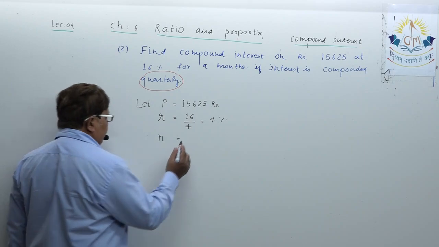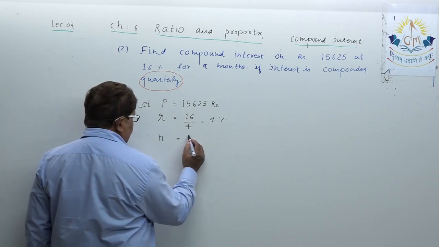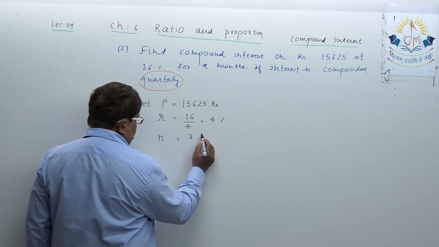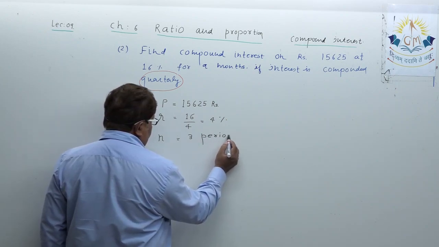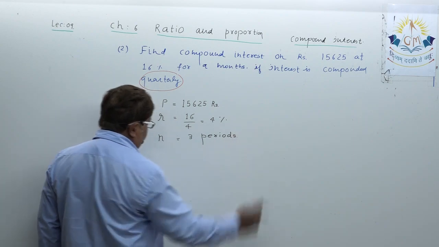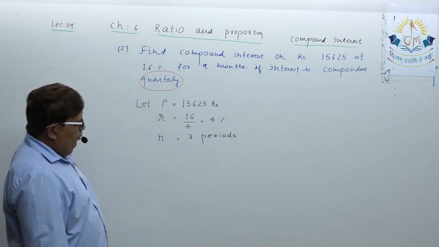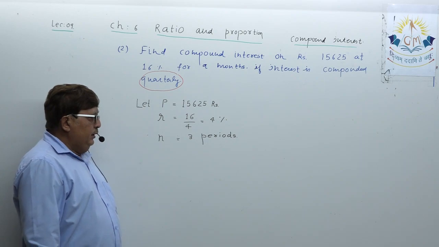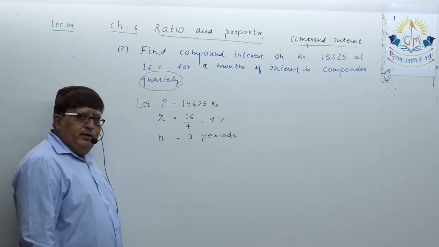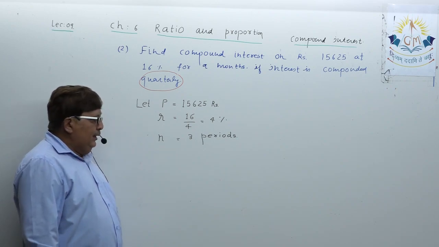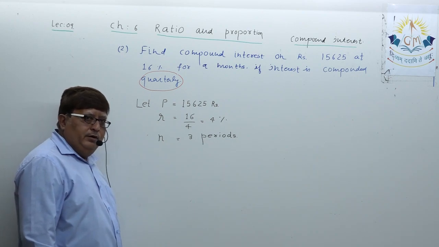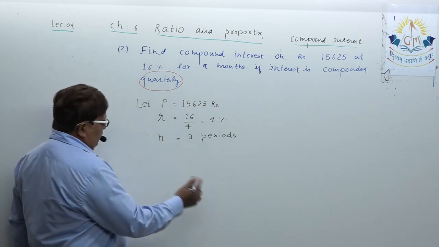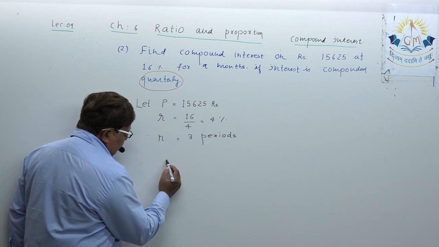So obviously you will write here n equal to 3 periods. Okay, dear student. P as it is. Rate of interest to be divided by 4 because it is quarterly, and 9 months means 3 quarters. Understand? Okay. Now let us continue.